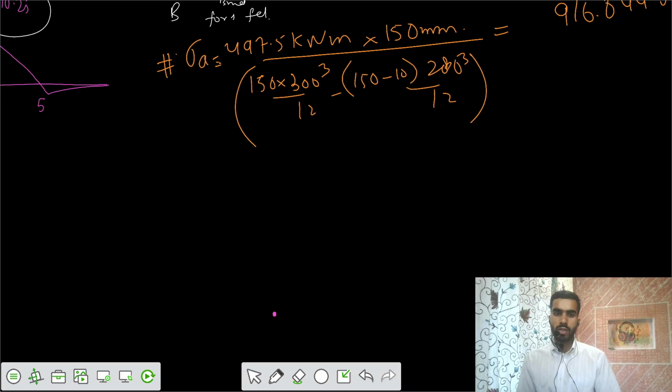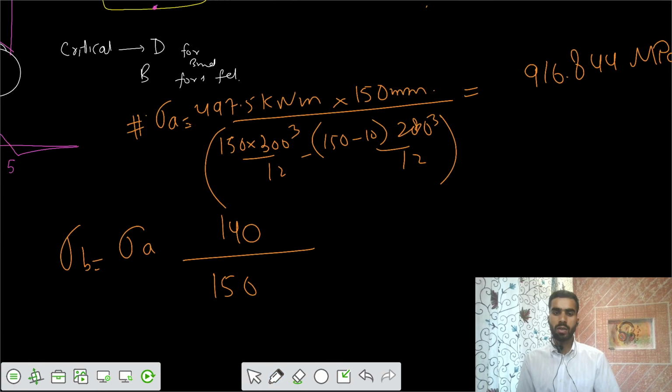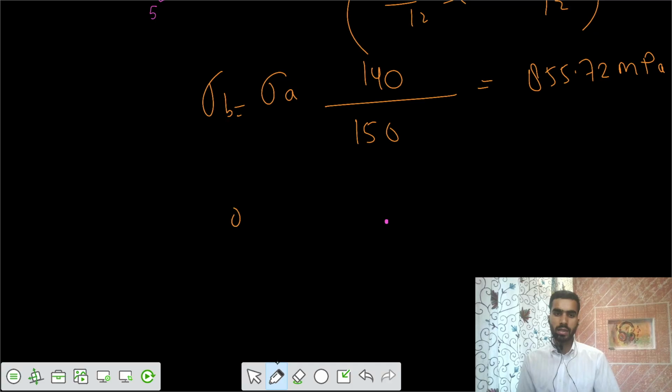For the stress at B, stress at A is for the length of 150, but I need it for 140, so accordingly I can use linear variation. So the stress at B is 855.72 megapascal. The stress at C, the neutral axis, is 0.